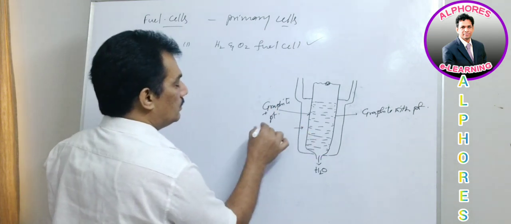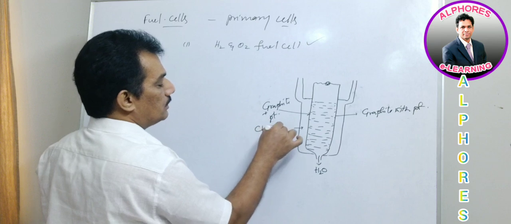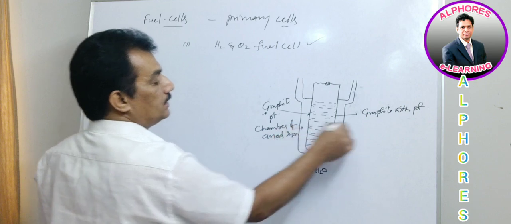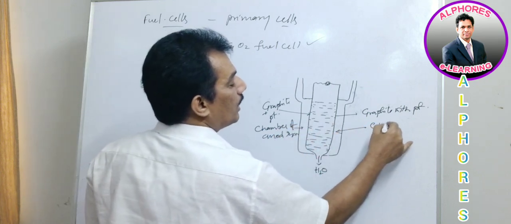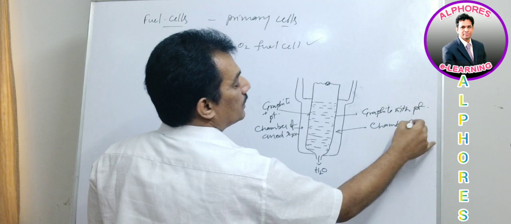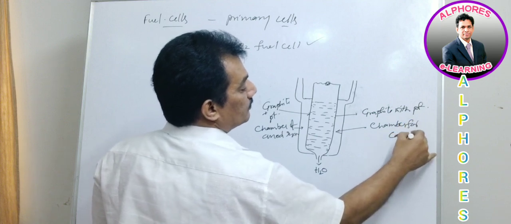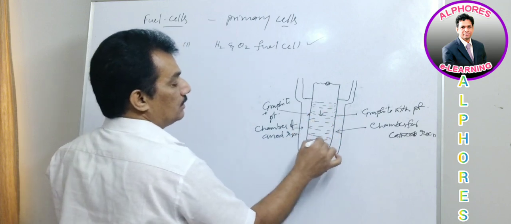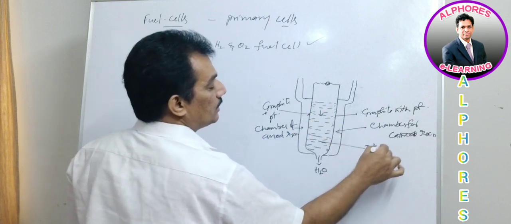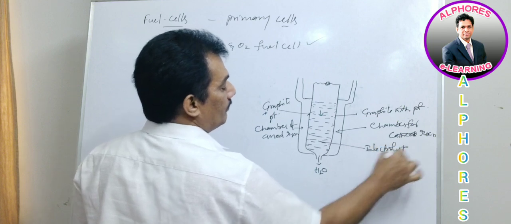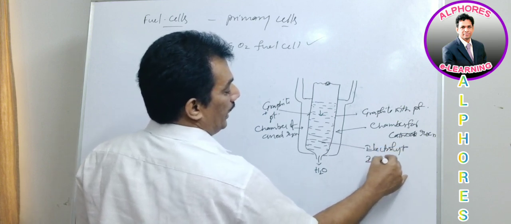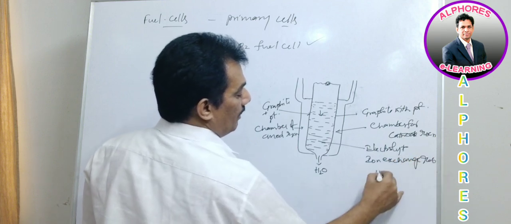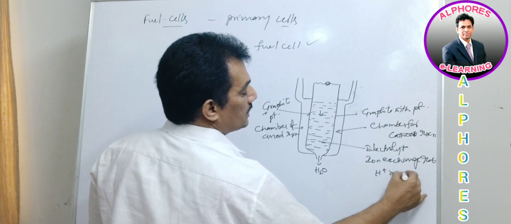This is the chamber for anode reaction, and this is the chamber for cathode reaction, and this is the electrolyte. This electrolyte has ion exchange resin. It has H plus or OH minus ions.